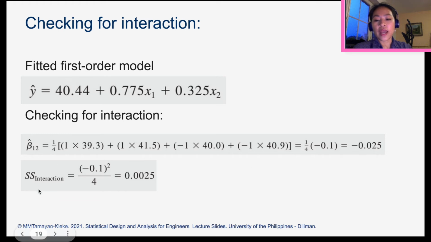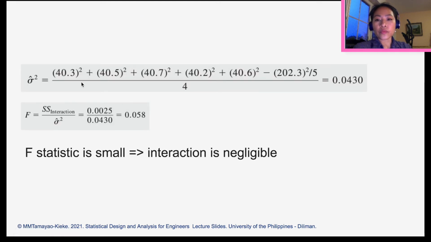And therefore, the sum of square of interaction, which can be obtained by getting the square of the contrast divided by 4, is equal to 0.0025. Now we get the F statistic, which is equal to the sum of square of the interaction divided by sigma hat squared, and this is equal to 0.058. So since this is very small, then we can conclude that the interaction is negligible.